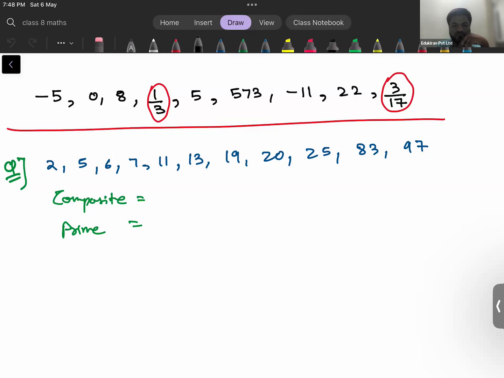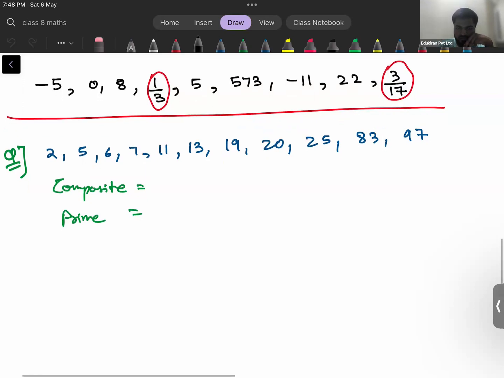In your previous class, you must have studied about these two different types of numbers. So first let's talk about prime numbers. What are the prime numbers? Prime numbers are those numbers which have only two factors. How many factors? Two factors.